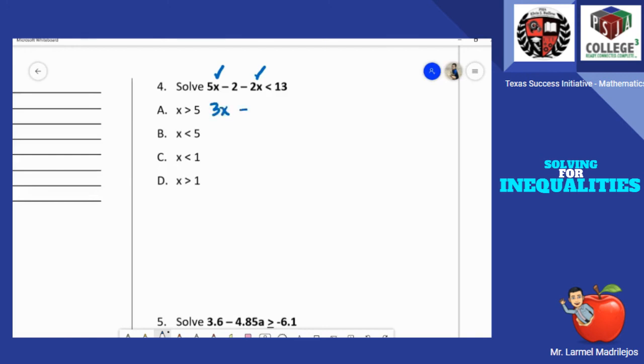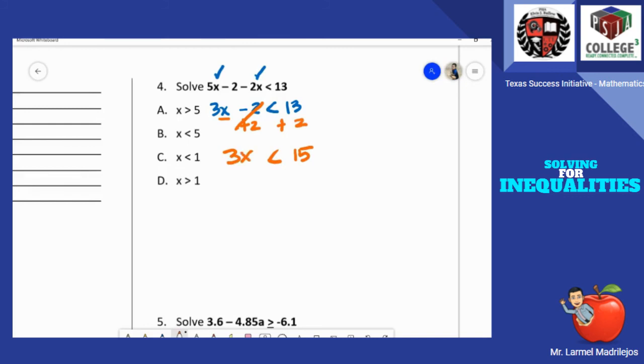Copy less than 13. Now, I need to solve for x. I need to take the opposite sign of negative 2, which is positive 2. So I'll put plus 2 on both sides of the equation. This zeros out. This becomes 15 less than 3x.